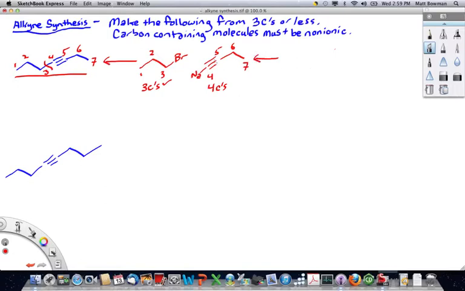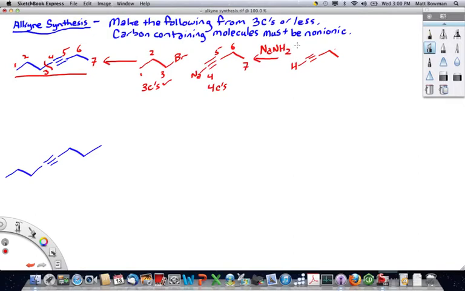And the way we make a deprotonated alkyne is to simply start with a terminal alkyne, like so, and add a base to deprotonate it. The base that you want to use is NaNH2. And basically it's an acid-base reaction.